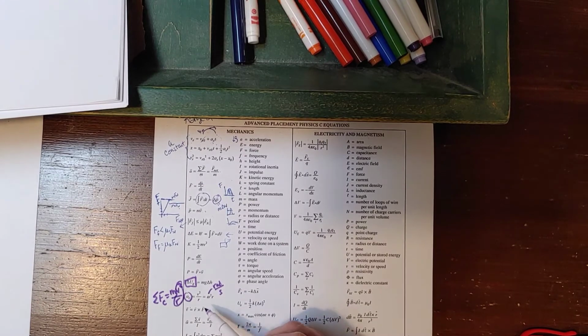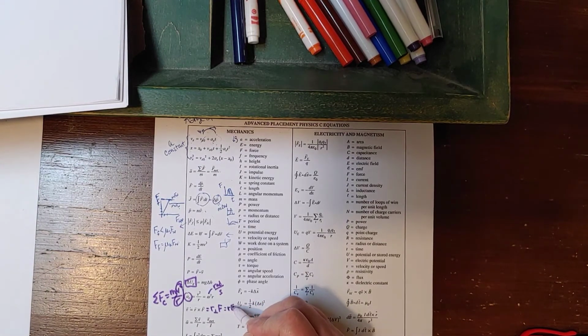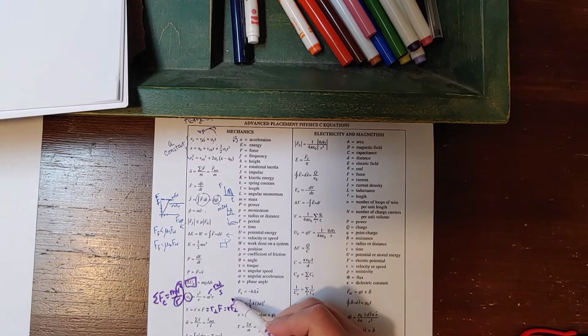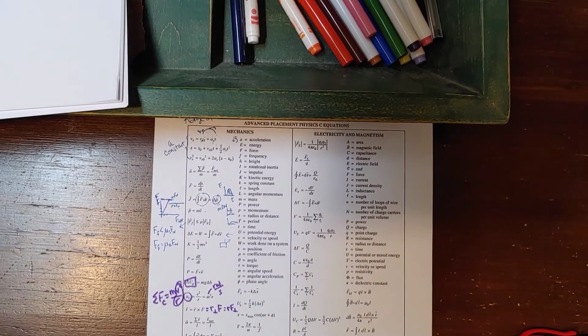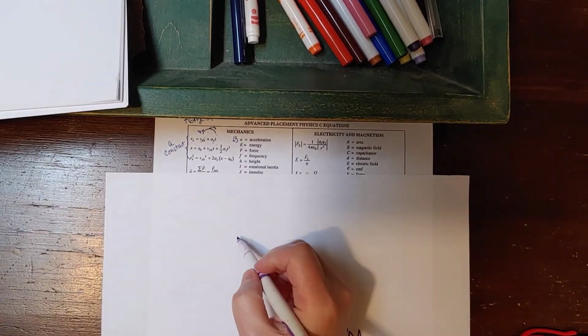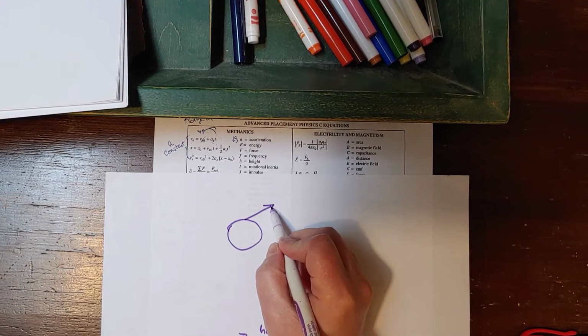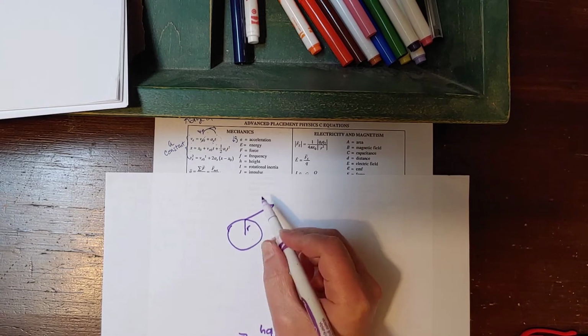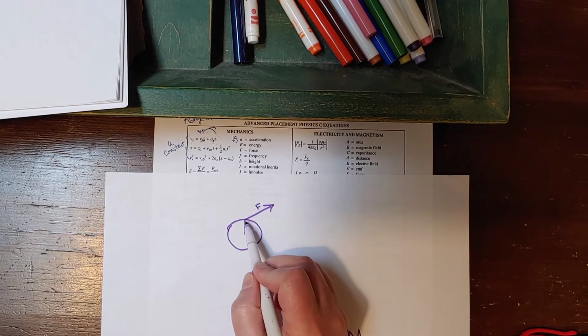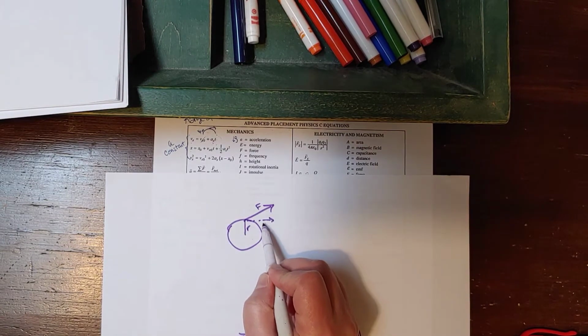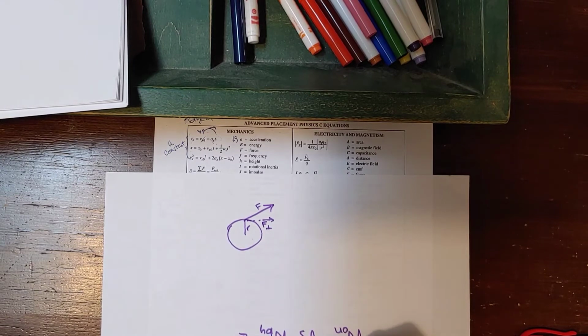Okay, torque. Remember r cross F, r perp F, or r F perp. You always want to look at, so there's your r, here's your F, that's your F perp, right?